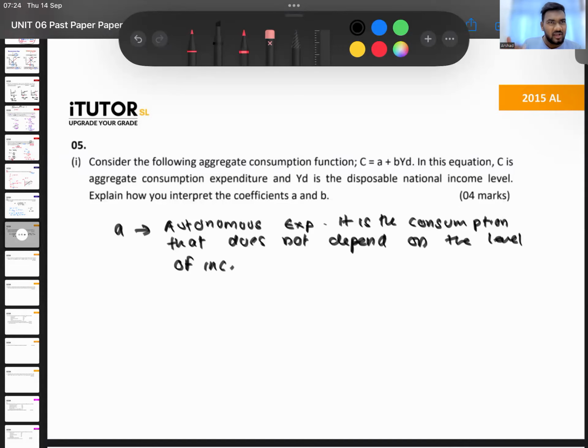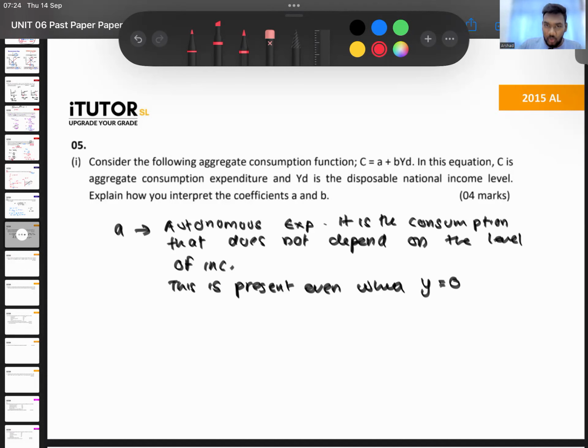And then guys, what else can you say about this? You can also say this is present even when Y equals 0. Even when income is 0, you still have that A component. So in other words, economically, what does this mean, guys? This is the minimum amount that you require for survival, no?